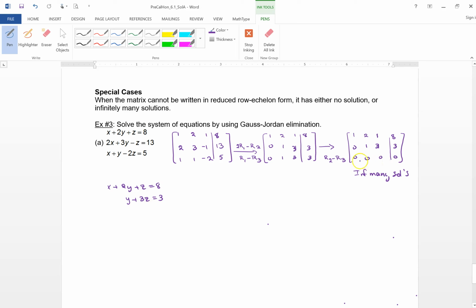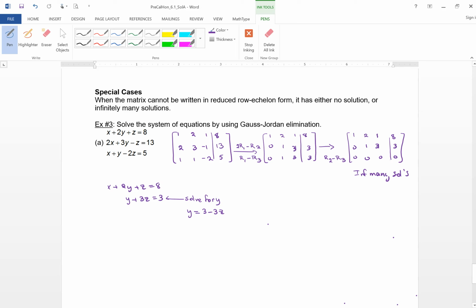You don't have any other equation here for z. What you want to do is solve each of these for the other variables. So solve this one for y. When you solve that for y, you get that y is equal to 3 minus 3z.